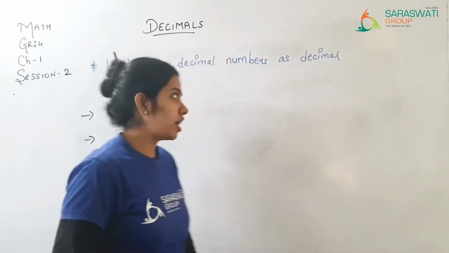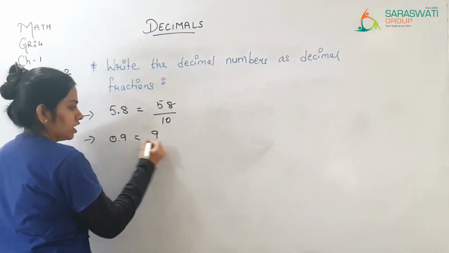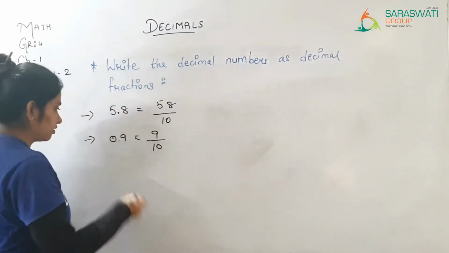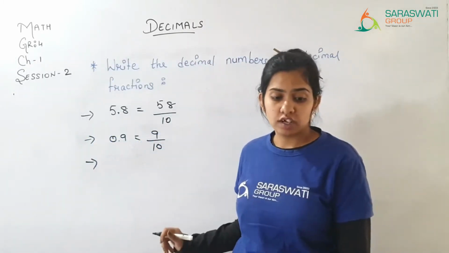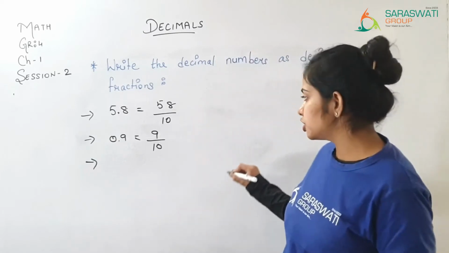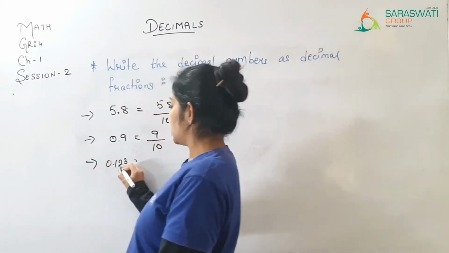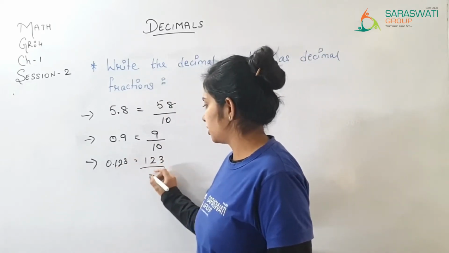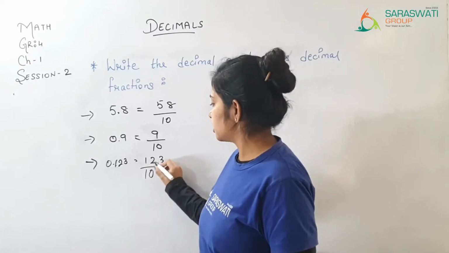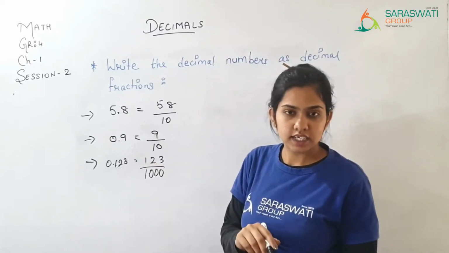Now if I am writing 0.9, then only 1 digit, so 9/10. Now if it is 0.123, so how many digits? 1, 2 and 3 digits are there, so 123/, how many zeros will we put? 3 zeros, right?